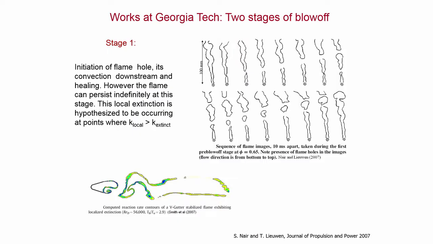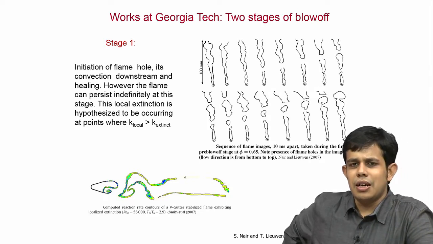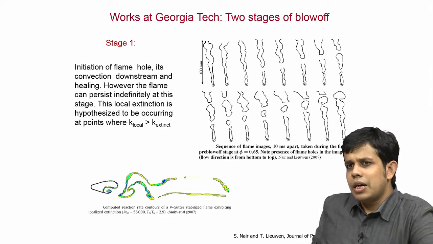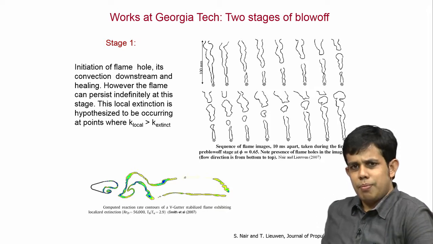Okay. So recent works, I mean from about 10 years ago, appearing in the Journal of Propulsion and Power from Georgia Tech, they used Mie scattering images only. That is, they put olive oil droplets in the flow, shine a laser and allow the droplets to scatter the light, and the boundary where the olive oil evaporates can be roughly considered as a flame boundary.